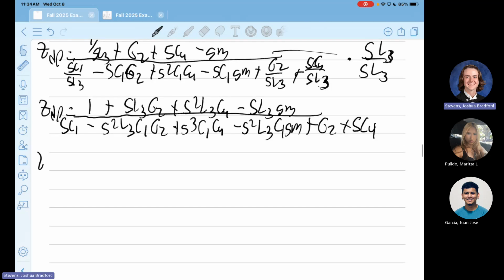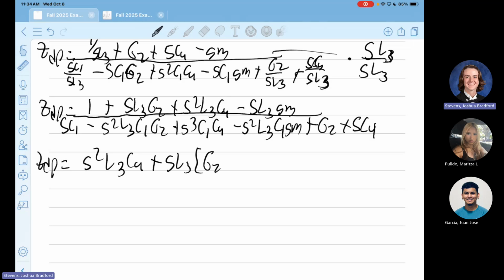Okay. Now I'm going to put everything to the highest order and also group like terms. Numerator: S squared L3C4 plus SL3 times (G2 minus GM) plus 1.